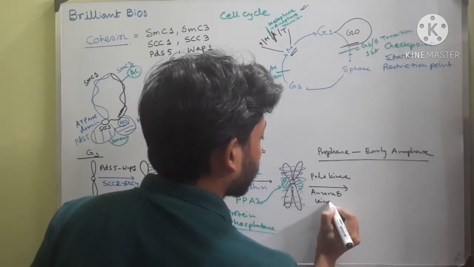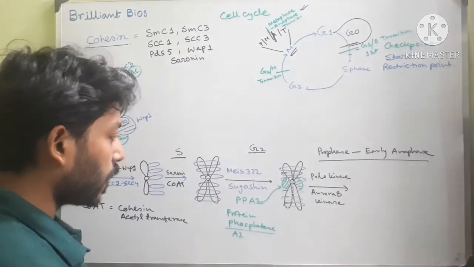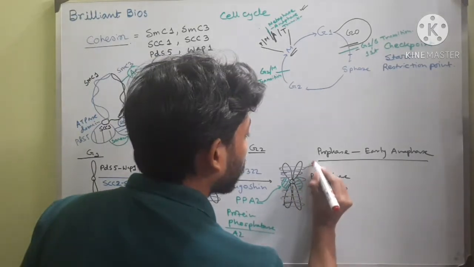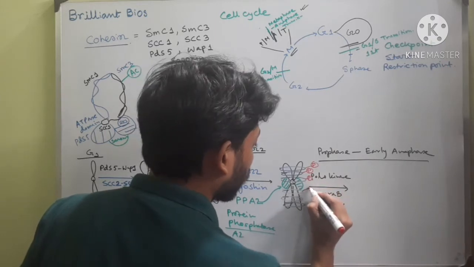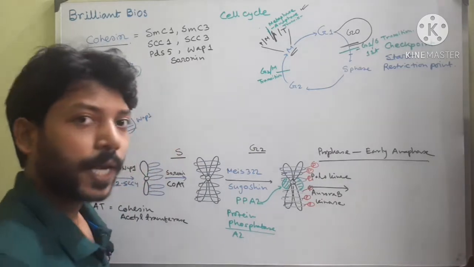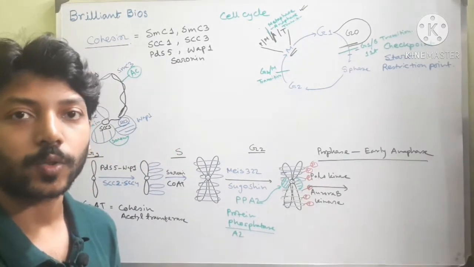You must remember these two enzymes, it is very important. These two enzymes phosphorylate the cohesin all over the chromosome. And when the cohesin gets phosphorylated, it is removed from the chromosome.